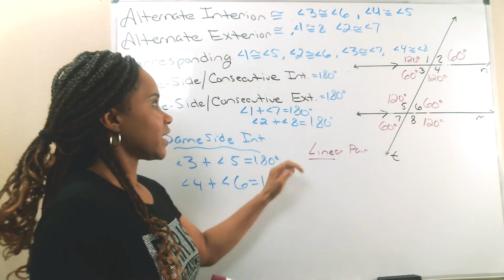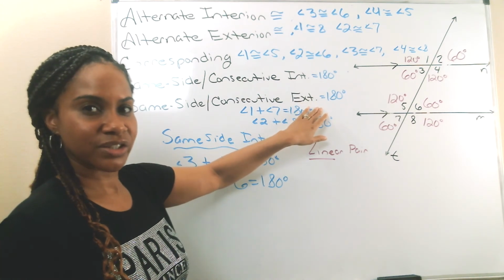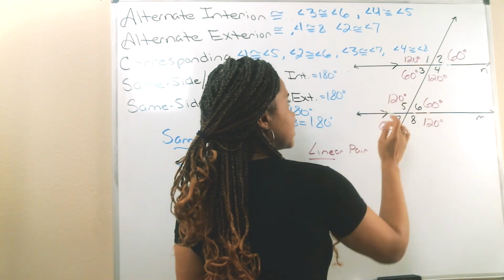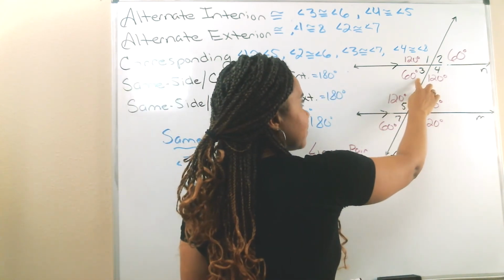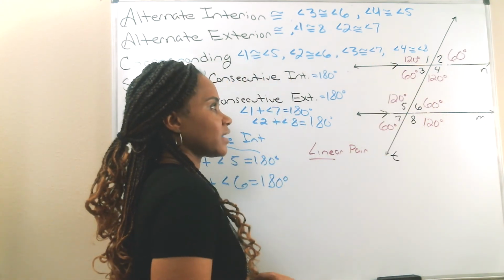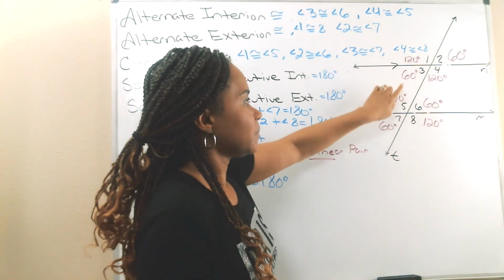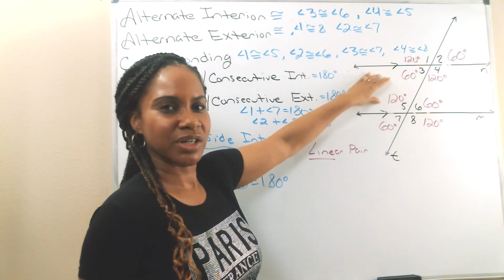Now, just analyzing the consecutive or the same side interior and exterior angles. The consecutive angles are on the same side of the transversal, and so it should equal 180, right? So if we knew that the measure of angle 3 is 60, we could have simply subtracted 180 minus 60 to get 120, because these are same side interior, so they equal 180.